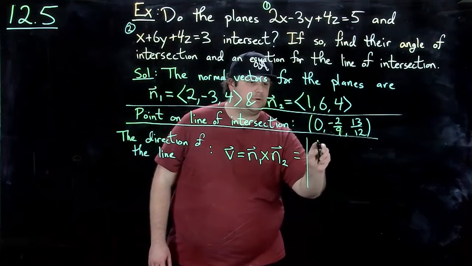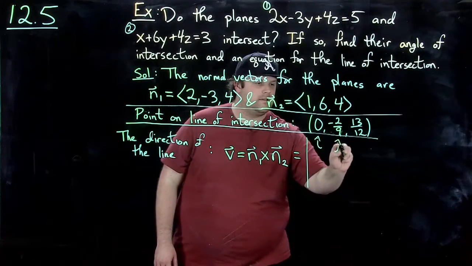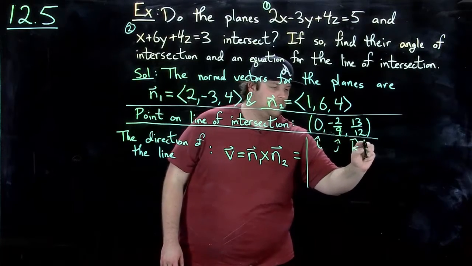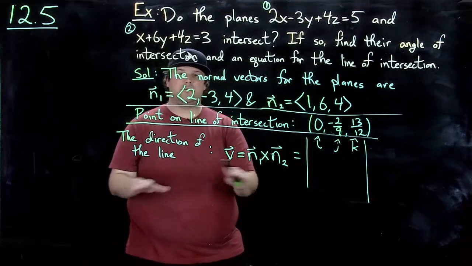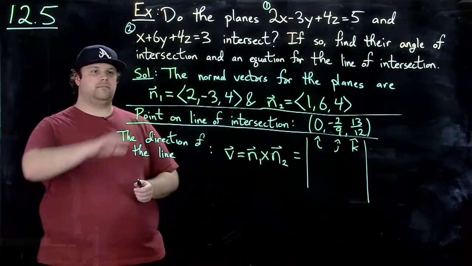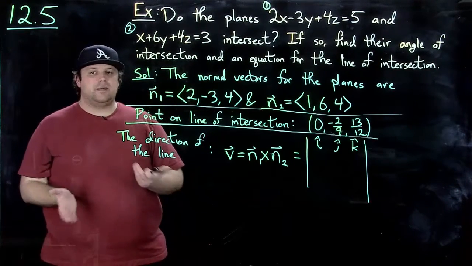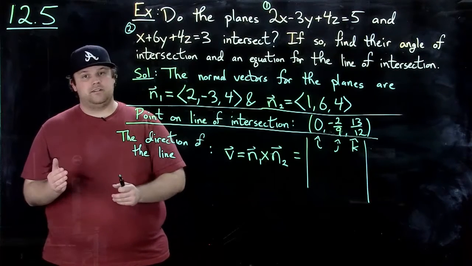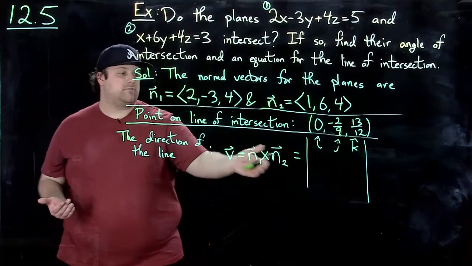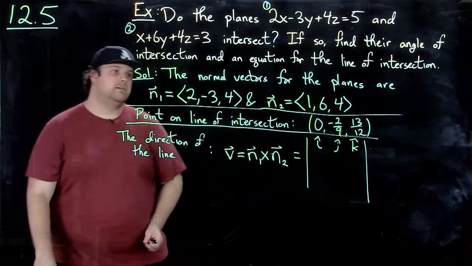So remember, top row, i, j, k. Second row should be the first vector. In this case, I've written it down to be n1. It really doesn't matter which order we do it in, but once we pick an order, we have to stick with it.